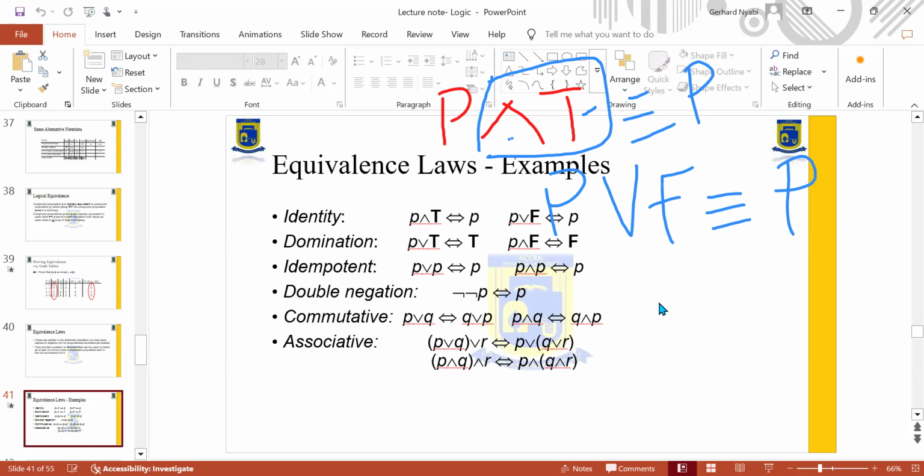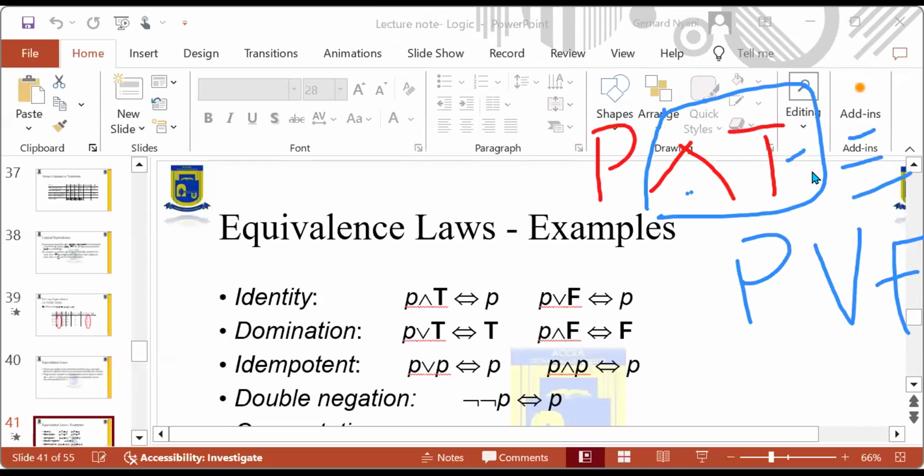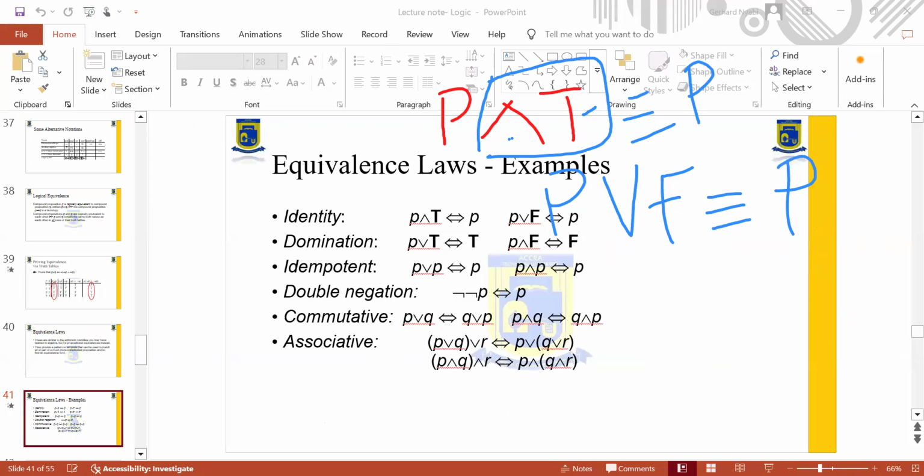So guys, let's take 2 examples of the connective, which is OR, and the connective, which is AND. The first one: Kofi is going to school, or he's a boy.